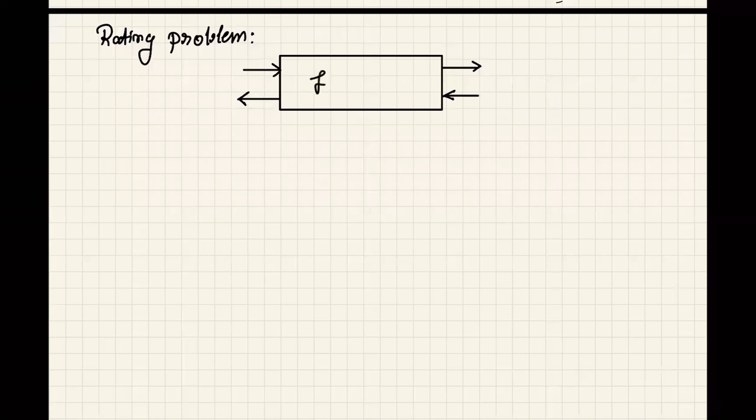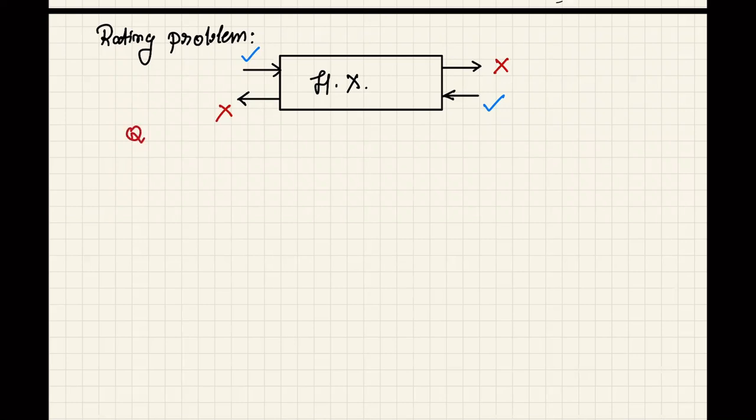So this value and only this value will be known to you. All right, but you won't be knowing these two values. Also, you won't be knowing the value of Q.